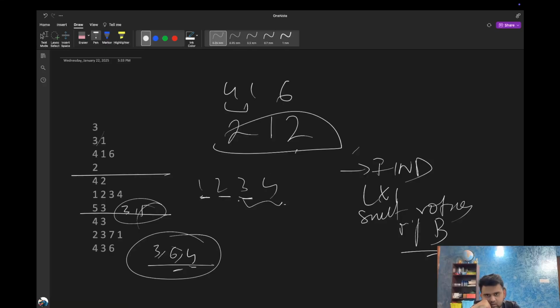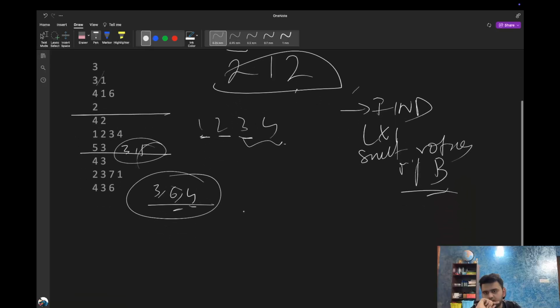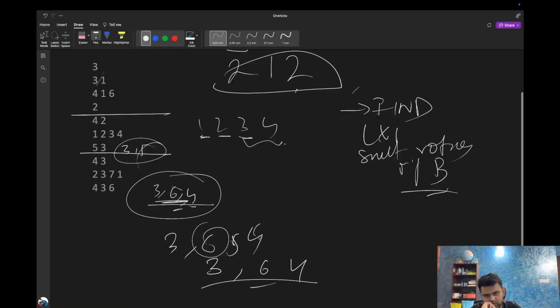Now, since that's unique, I just have to see. So if it's unique, then let's say I do 3 6 4. Then it's better to do 3 6 4 here again, since it will always be better than this. And I keep doing this until I reach the end.